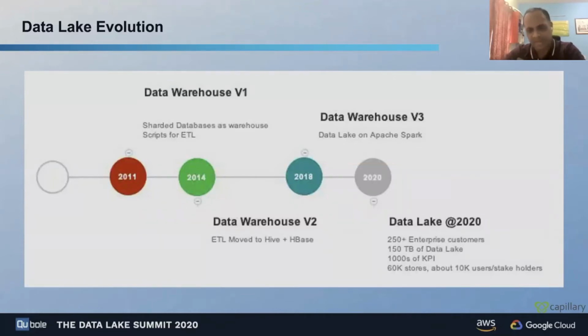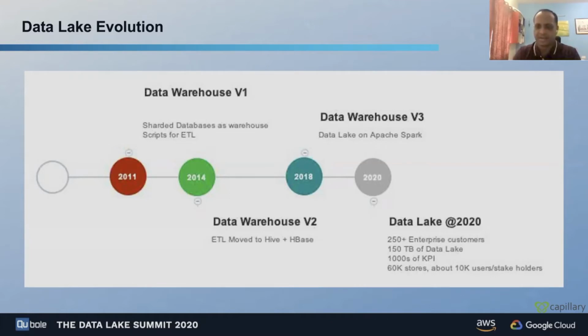But at the same time, the data serving layer still resided on the MySQL sharded databases, where each shard used to contain a set of tenants, and the serving layer for those tenants was based out of those MySQL layers. 2018 is when we launched version 3 of the data warehouse, which is built completely on Apache Spark, both on the ETL layer as well as on the serving layer. We also added a bunch of additional capabilities to our product, and I will talk a little more about how those products grew along with the data lake in this duration as well.